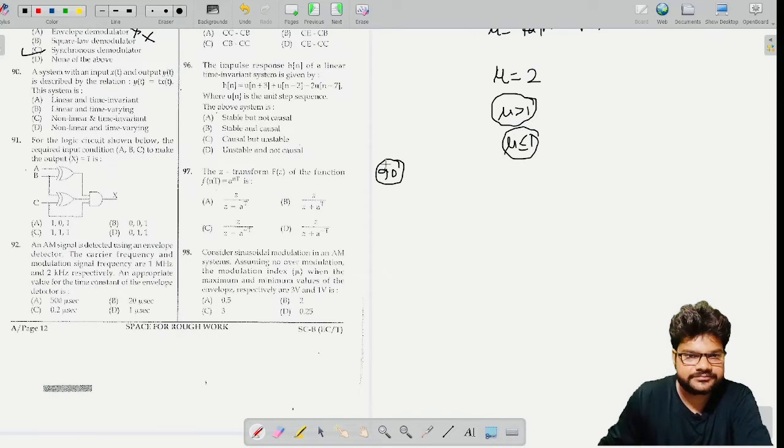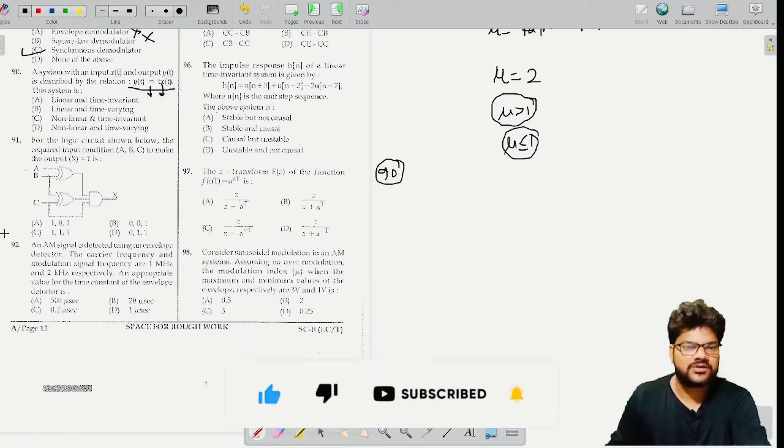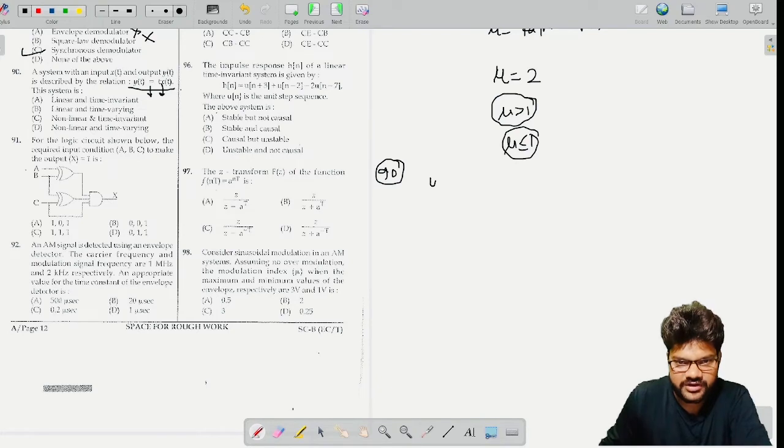Question number 90. A system with input xt and output yt is described by the relation yt equals t xt. We have to find whether it is a linear and time invariant system, commenting on linearity and time invariance. I have already made a video on it.